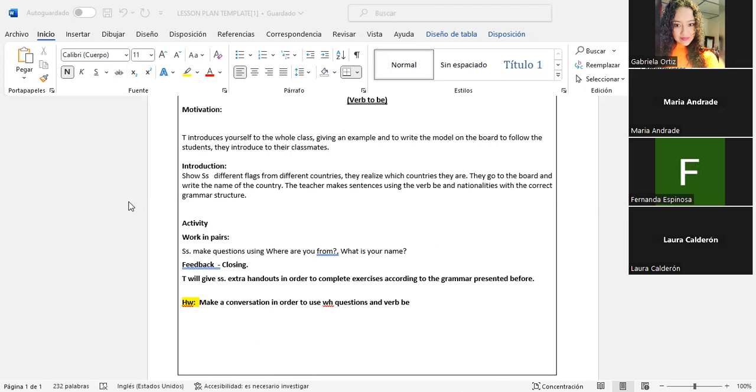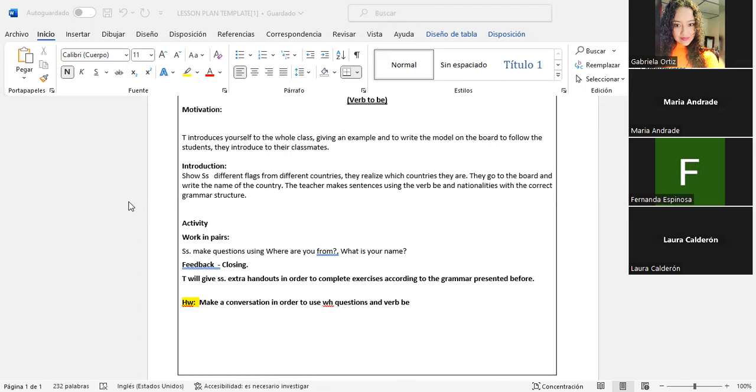For feedback, the teacher will give students extra handouts in order to complete exercises according to the grammar presented before. They are extra sheets to practice more of the grammar presented before.